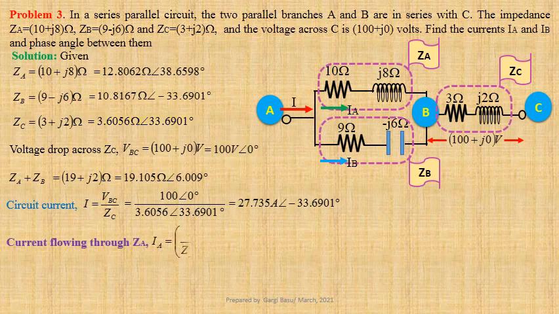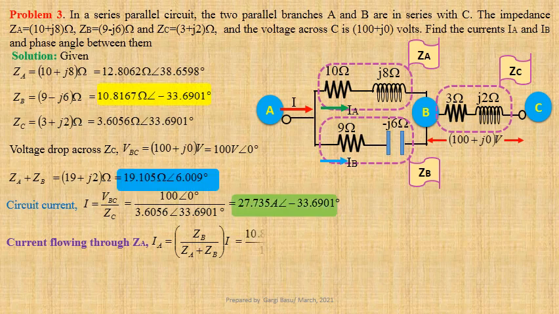Expression for current flowing through ZA: IA equals ZB divided by ZA plus ZB into I. Using values we get 10.8167 at an angle minus 33.6901 degree divided by 19.105 at an angle 6.009 degree into 27.735 at an angle minus 33.6901 degree.